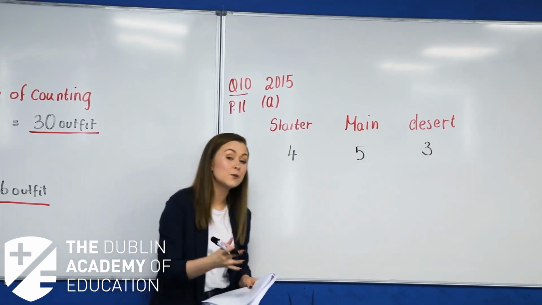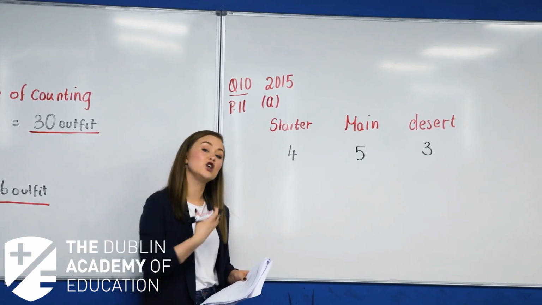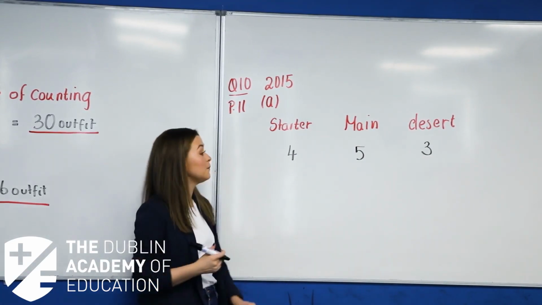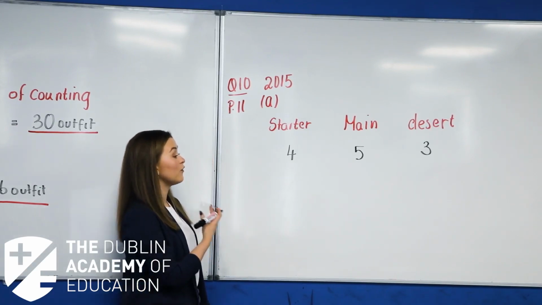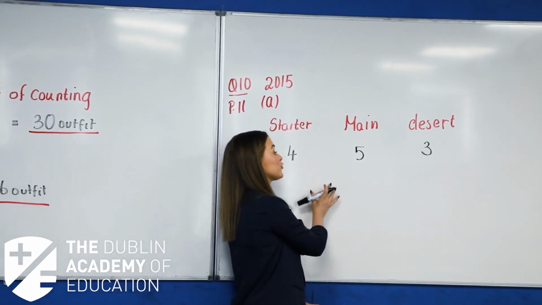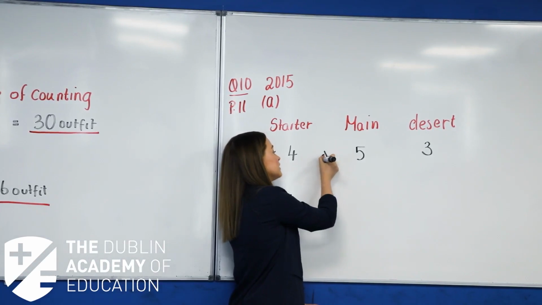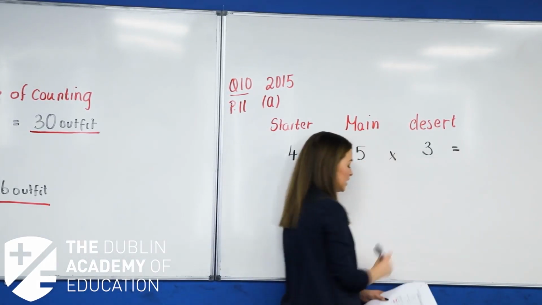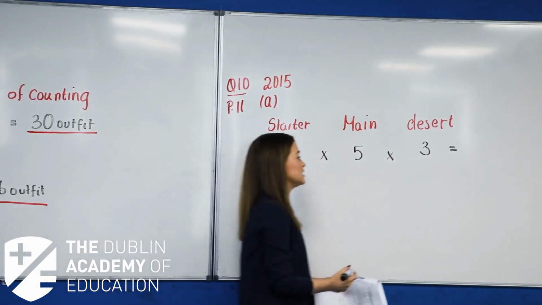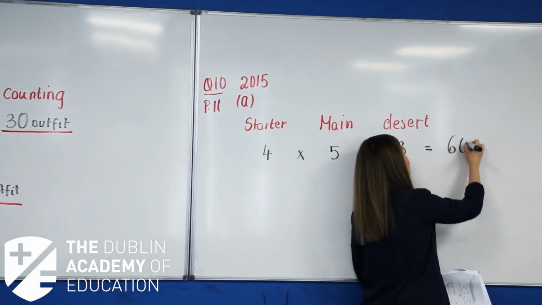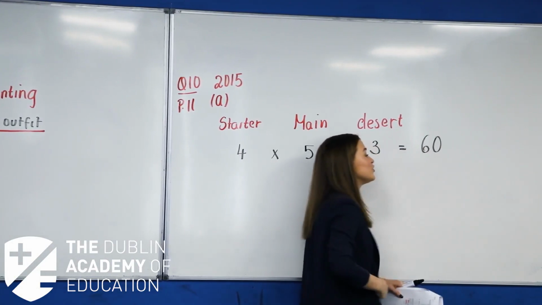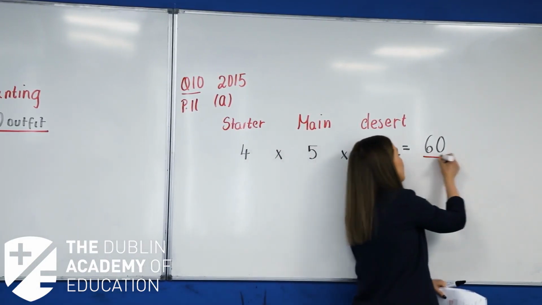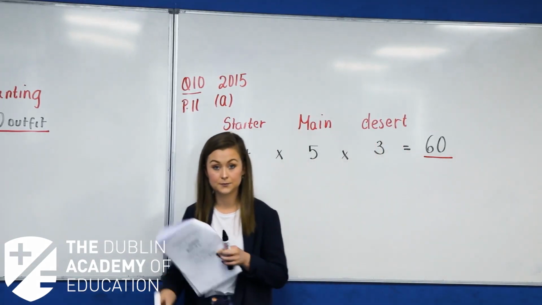Now, the fundamental principle of counting states that you multiply each of these options together and you're going to get the total number of options that you have for your 3-course meal. So 4 times 5 times 3 is going to give me 60 different dinner options. So pop it into the calculator if you need. They're going to give us 60 different options for what we can choose from for our 3-course meals.